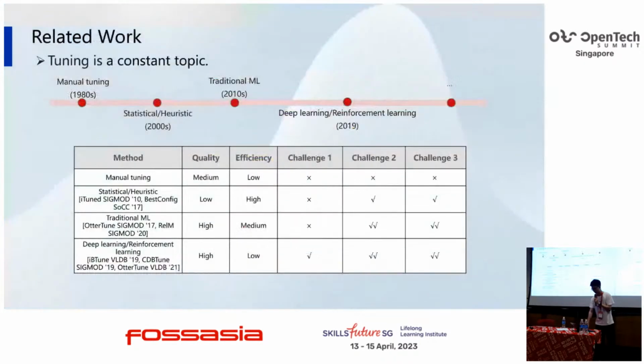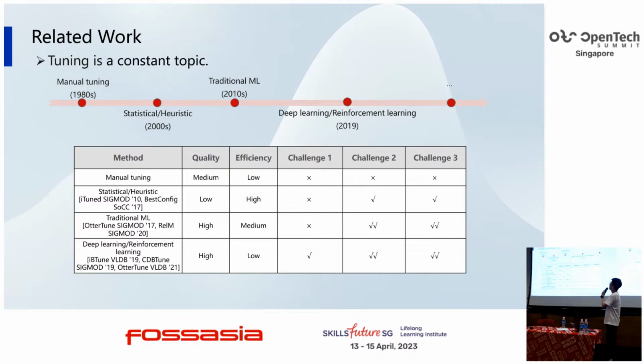Now, let's see the related work. As we can see, tuning is a constant topic. In the 1980s, manual tuning was used. In the 2000s, statistical and heuristic methods were widely used.